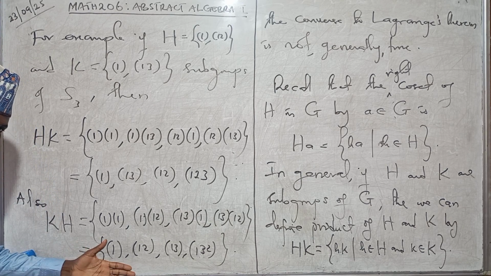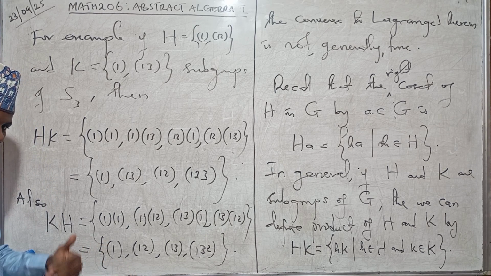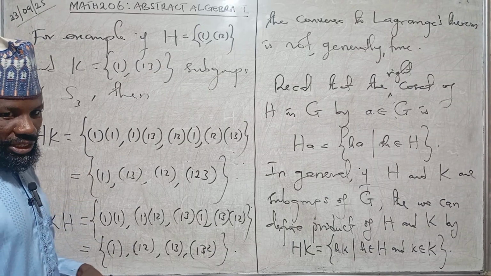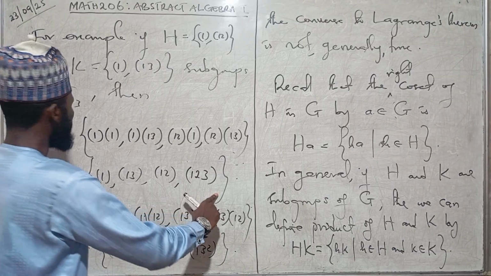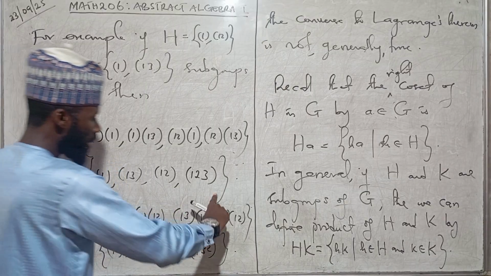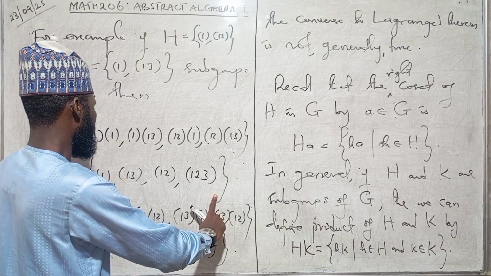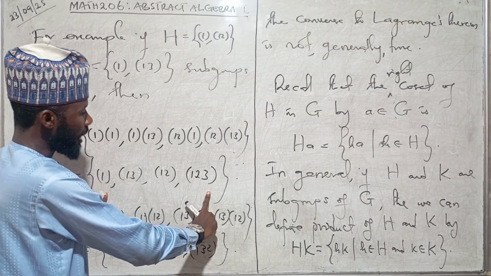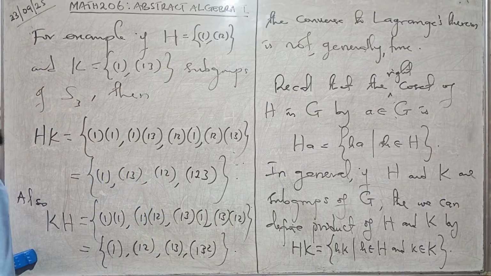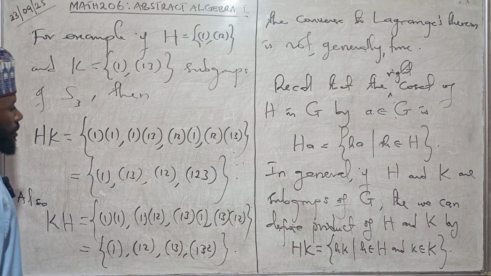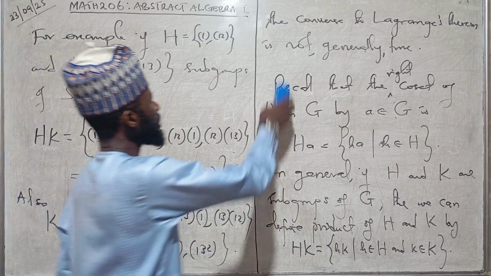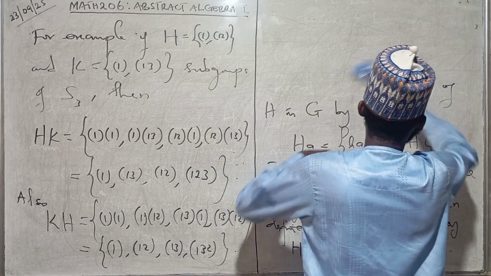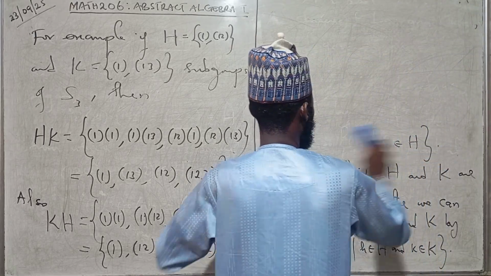So if you have any subset whose order is not a divisor of the order of the group, you can conclude that the subset is not a subgroup. So even though this is a subset of S3, since the number of elements in this subset is not a divisor, because you have how many elements here? 4 elements, and 4 is not a divisor of 6. So you will conclude that by Lagrange's theorem, both HK and KH are not subgroups of the group S3.